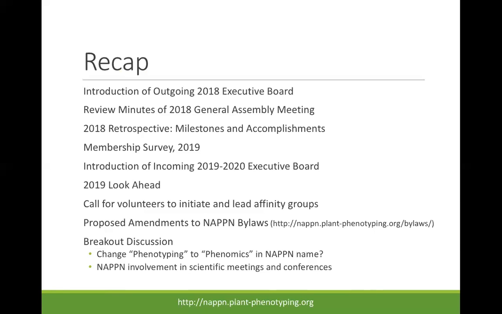Create an affinity group. We'll help you organize it. If you're having conversations on how you're trying to measure something, you can imagine you're trying to figure out some new measure for rates of photosynthesis from some kind of sensor that you use. Maybe you want to get a group together that's interested in photosynthesis. Create an affinity group. So that's one thing we would like to talk about in the next few minutes.